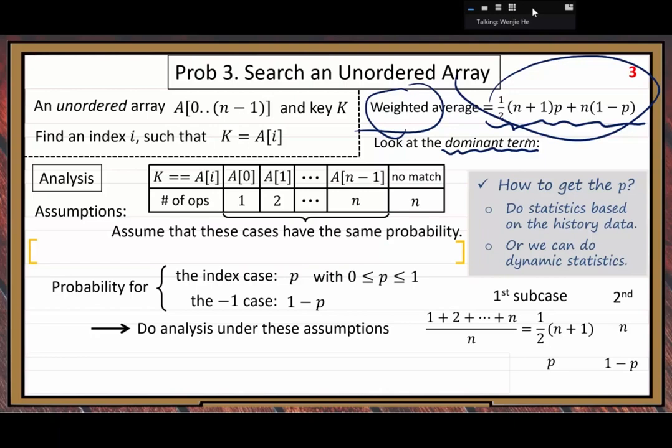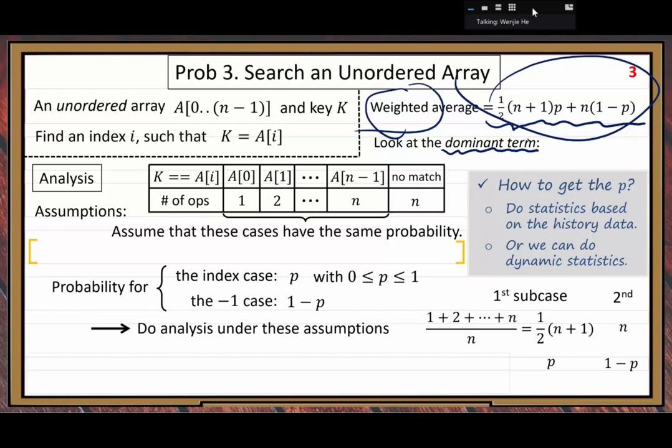When you have a polynomial, you have a term with the highest degree, right? In a polynomial, you have one term with the highest degree. That term increases the fastest, right? So that term we call a dominant term. So in this formula, what is the dominant term?